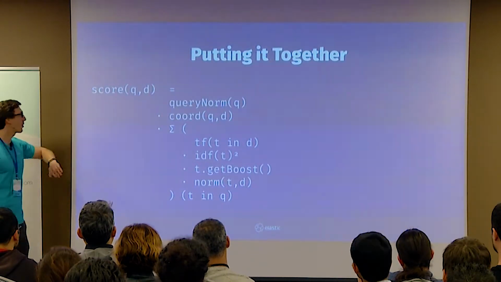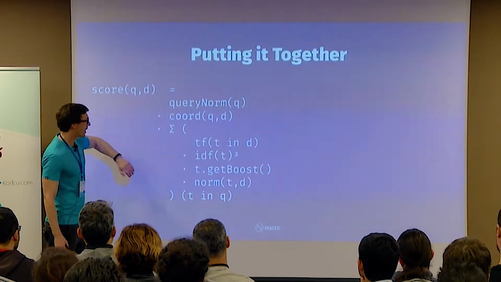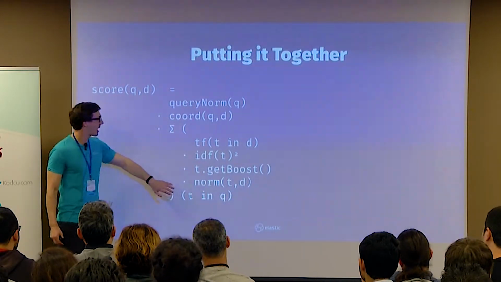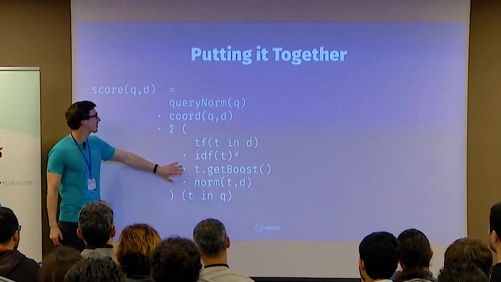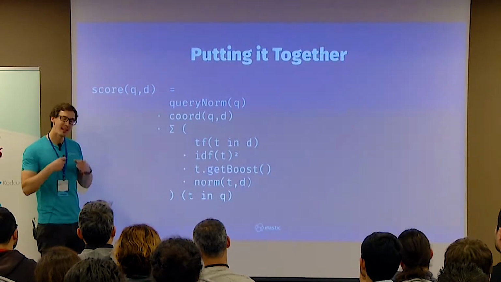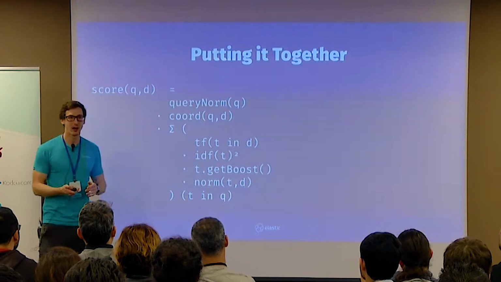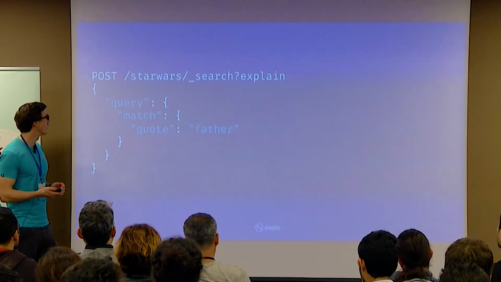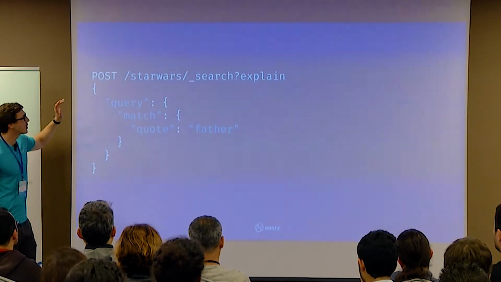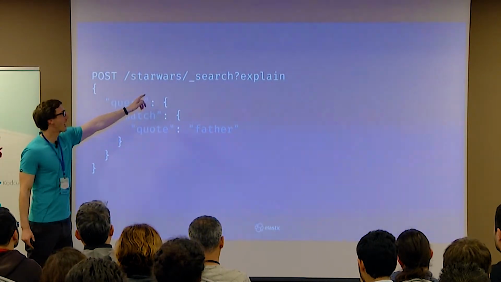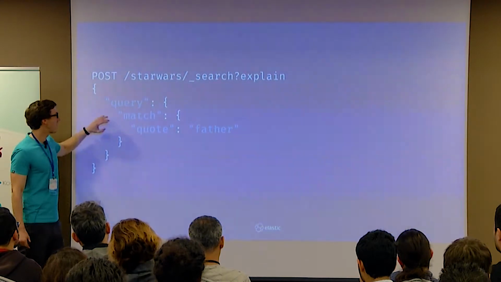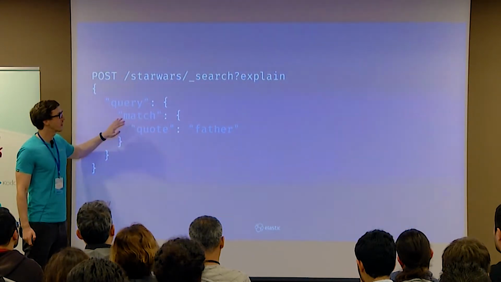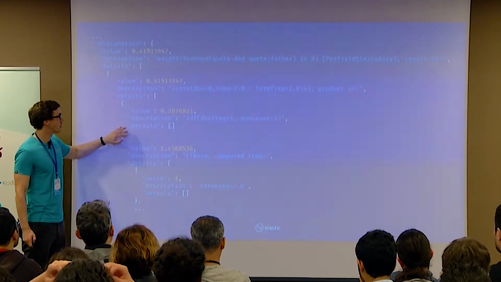And then you can put all of that together. So you can boost specific fields, you combine all of these factors, and at the end, your score will be calculated for you. So for example, you can actually see how it is done. If you add question mark explain to it and we search for father, the query will be explained to you.